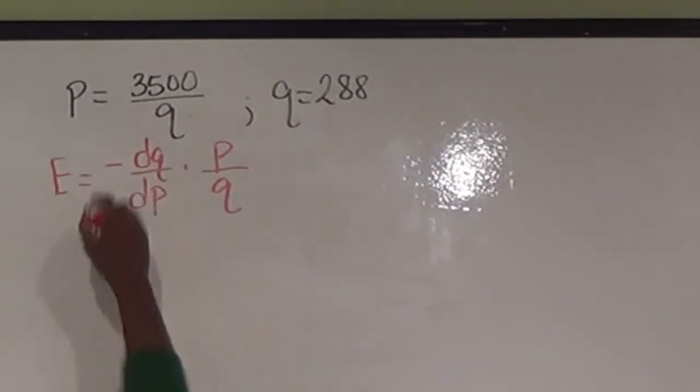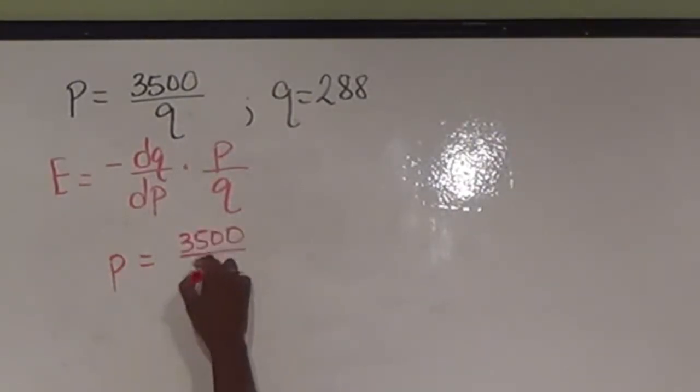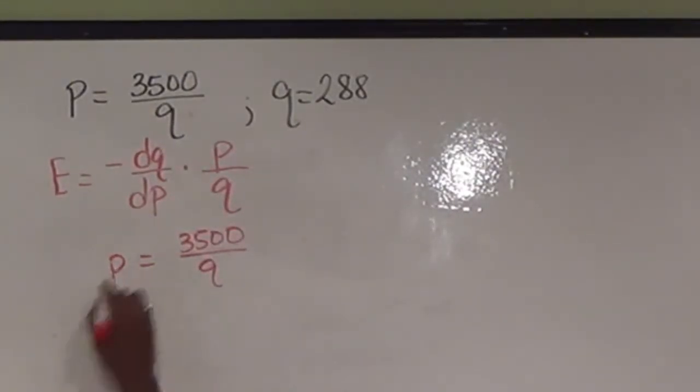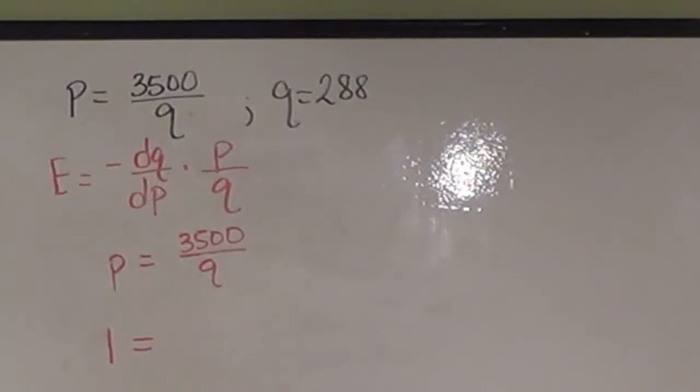Okay? So given P equals 3,500 over Q, the derivative with respect to P is going to be 1. The derivative here with respect to P is going to be negative 3,500 over Q squared.